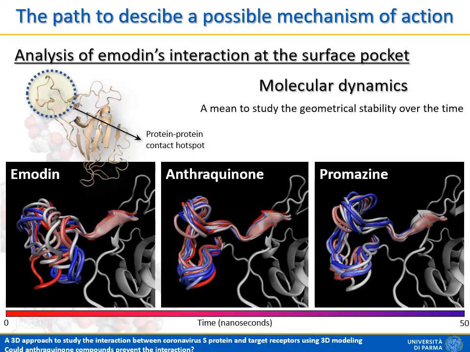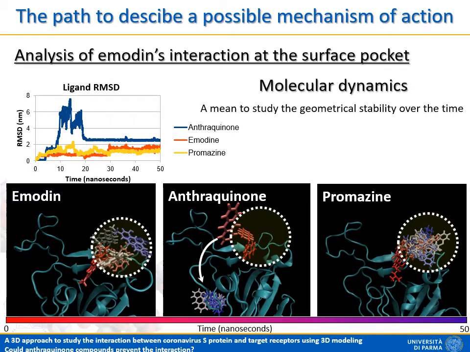Looking at the regions mostly involved in such a reorganization, we saw that Emodin and promazine, but not anthraquinone, were both able to reduce the organization of one of the two key regions identified as important to stabilize the protein-protein complex. And that was a very, very important result to support the hypothesis we have in mind.